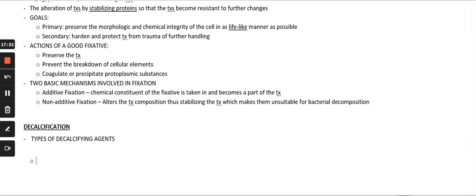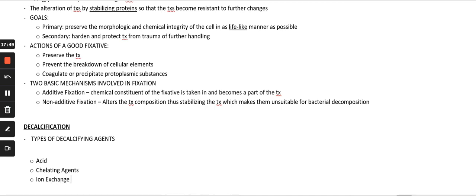So, different types of decalcifying agents. We have acid decalcifying agents. Next, we have chelating agents. We have ion exchange resins.